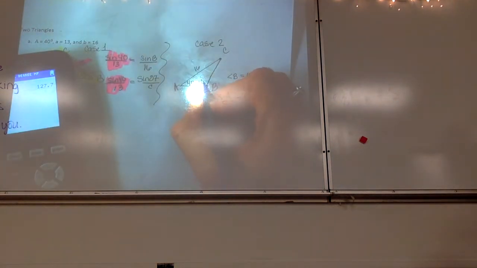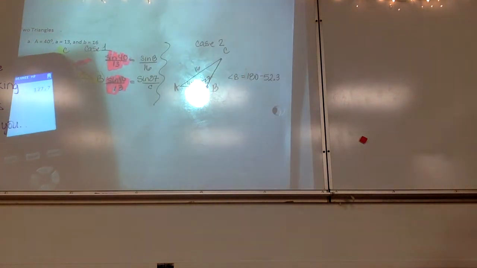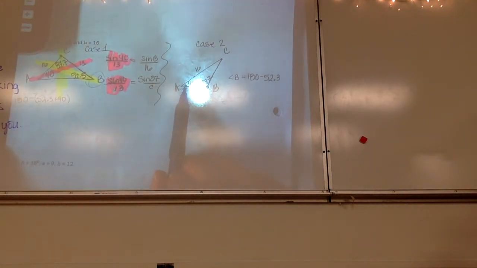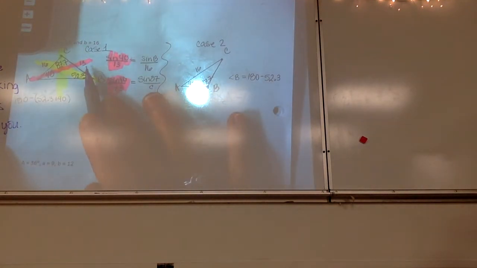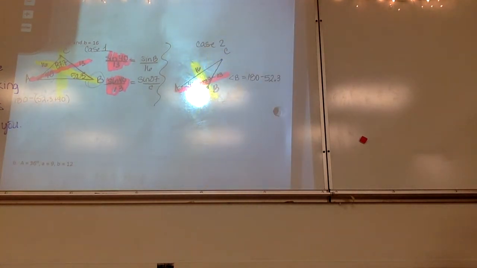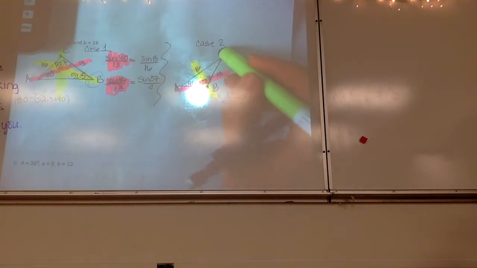So this is 127.7 degrees. So now we have, oh, and this is 13. I forgot to label little a. This is still 13. We already have A and little a. We already have B and big B. We just need to find C and little c.